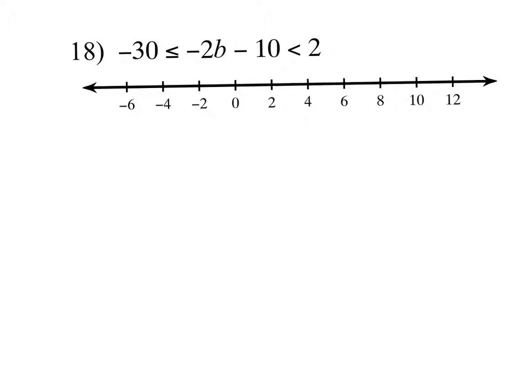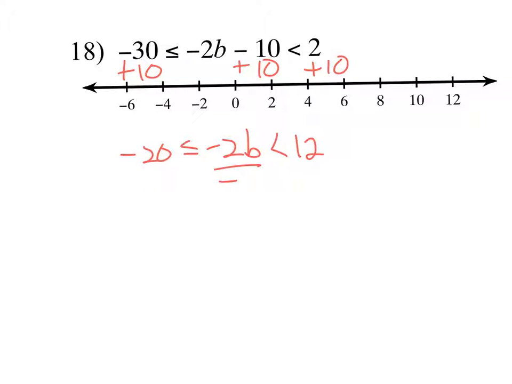Those are the possible values of a. For this problem, I can add 10 to all three parts of the inequality. So then I'll have negative 20, my symbol, negative 2b, symbol, and 12. Then dividing all of those parts by negative 2, this time I'm going to have a double flip. I'm going to have to flip both of those symbols of the compound inequality.